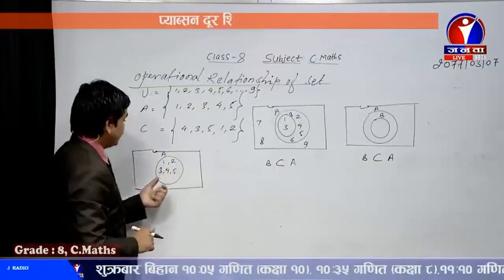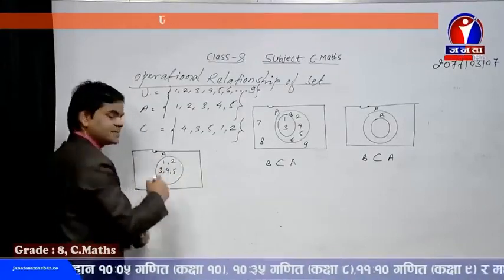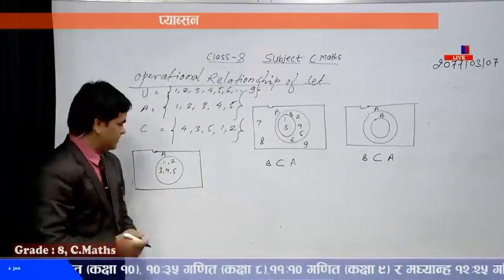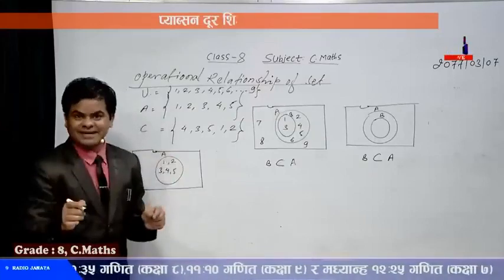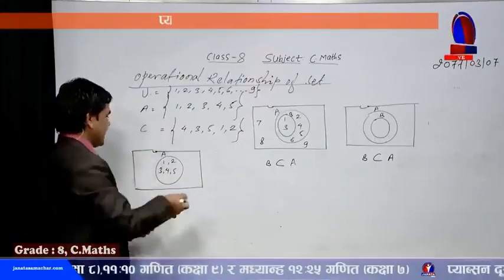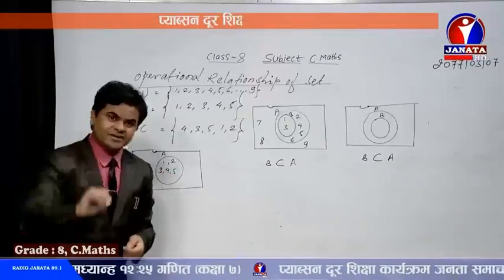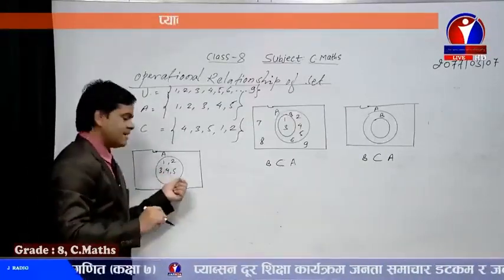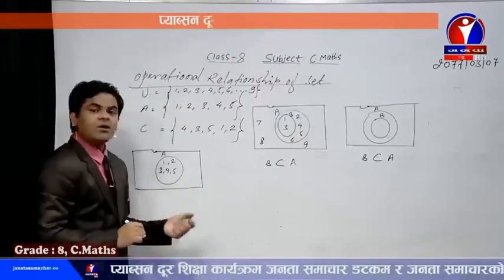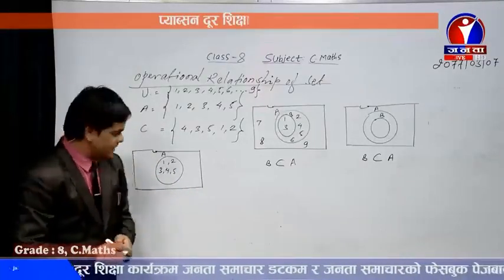Now, if we want to keep the elements of set C inside the same Venn diagram, we cannot make another Venn diagram, dear students, because having the same center and the same radius, a concentric circle will be prepared.